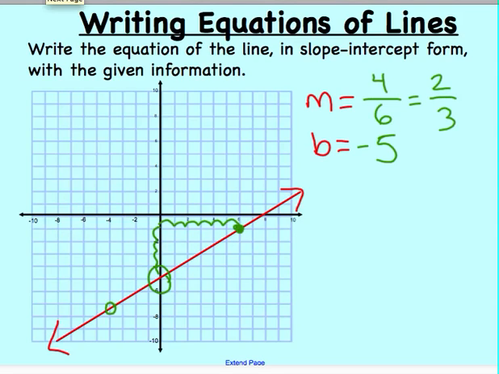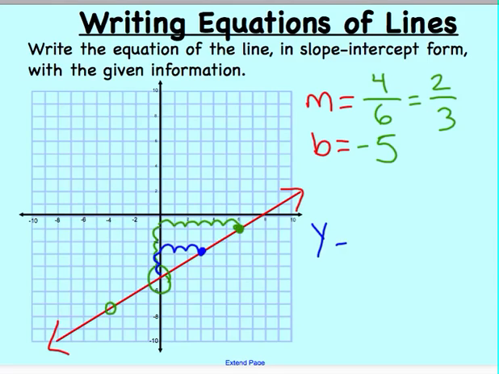And notice, I could have picked this point. That would have been up 1, 2 over 3. So it gives me the same answer. So what I was trying to illustrate was that if you pick a point that's really far away and there was one that was actually closer, you'll still end up with the same answer because the ratio, the slope, doesn't change. So 4 over 6 is 2 over 3.